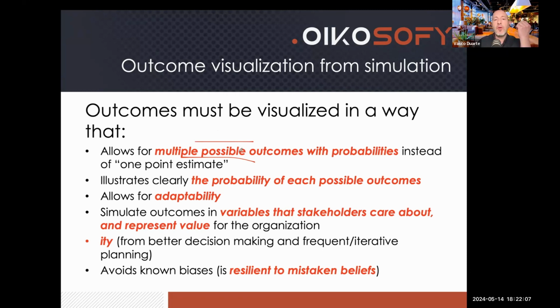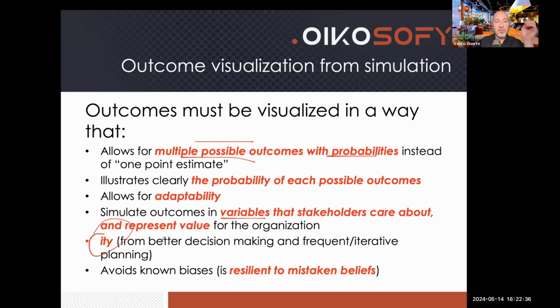So we need to allow for multiple outcomes, and we need to talk about probabilities, right? So we can have outcome A, B, and C, and the probabilities are X, Y, and Z. We need to illustrate this probability in a very clear way that allows for decision making. We need to simulate in variables that the stakeholders care about and represent value for the organization.